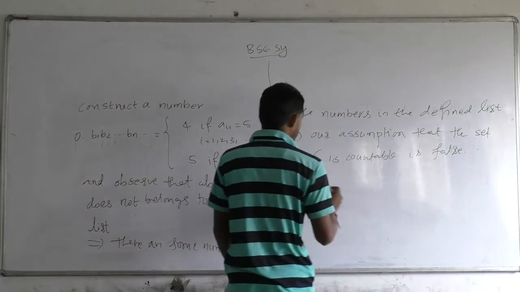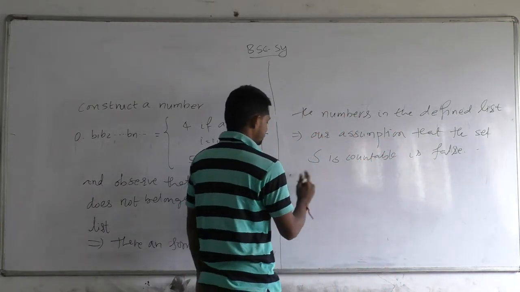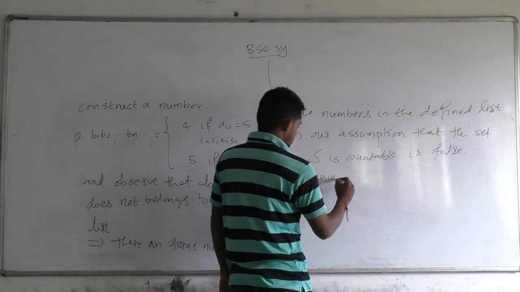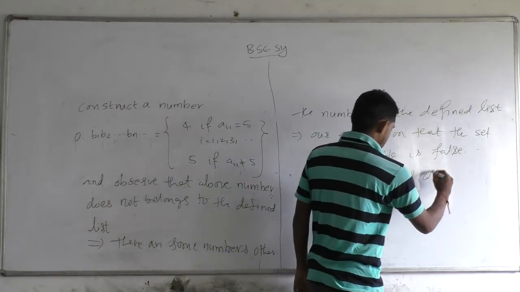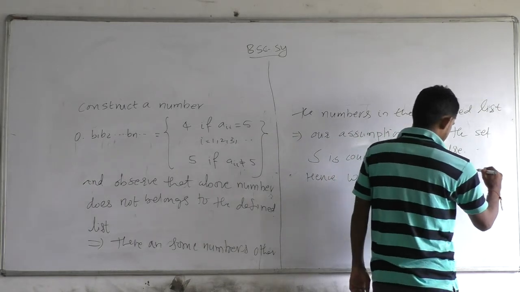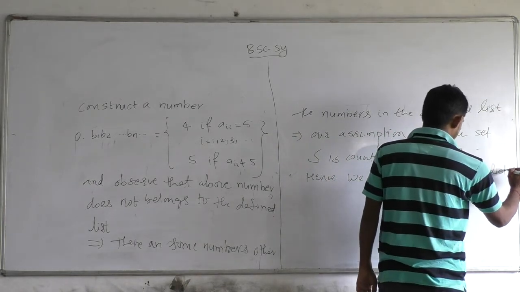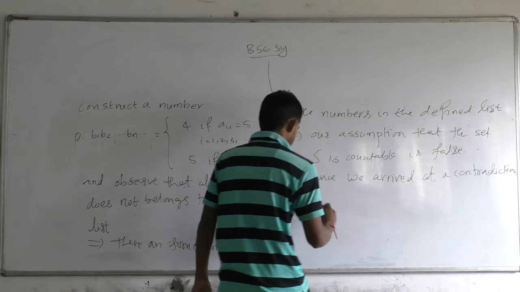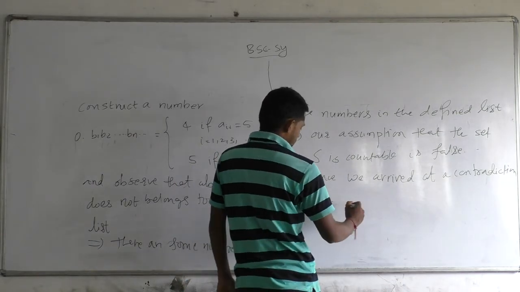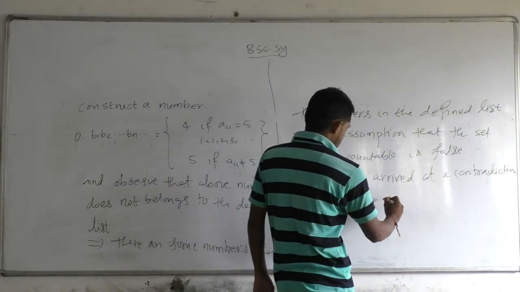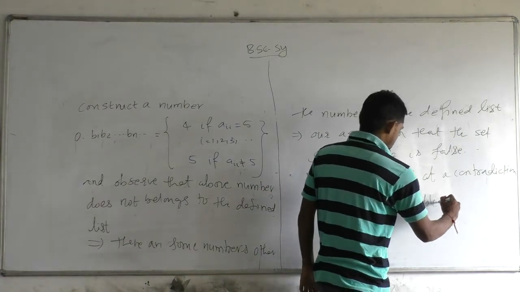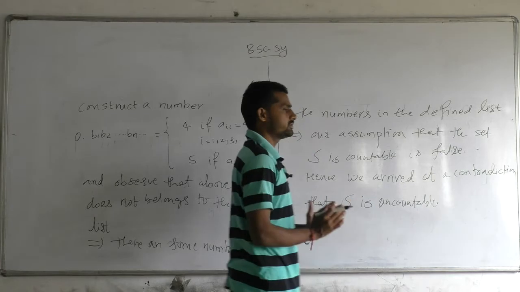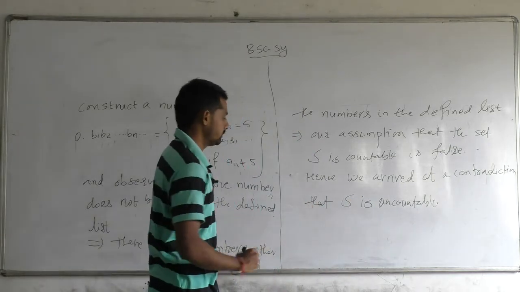Hence, we arrived at a contradiction, that S is uncountable. Hence, the real numbers in the closed interval 0, 1 are uncountable. Hence the proof.